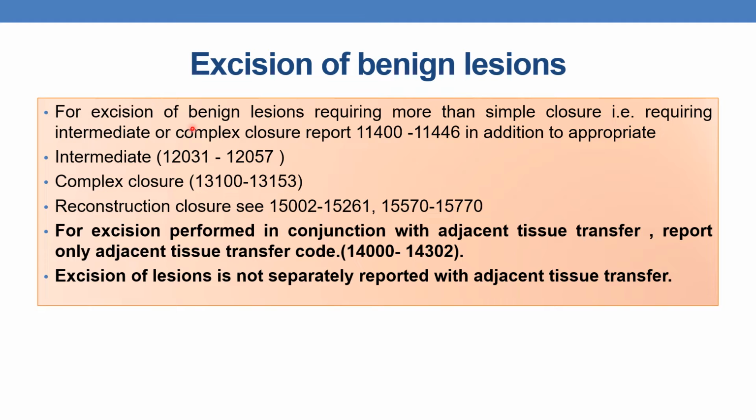As of now, whenever intermediate or complex closure is done along with excision of benign lesions, you need to report those codes. But when excision is performed in conjunction with adjacent tissue transfer, report only the adjacent tissue transfer code, that is in the code range 14000 to 14302. Excision of lesions is not separately reported with adjacent tissue transfer procedures.